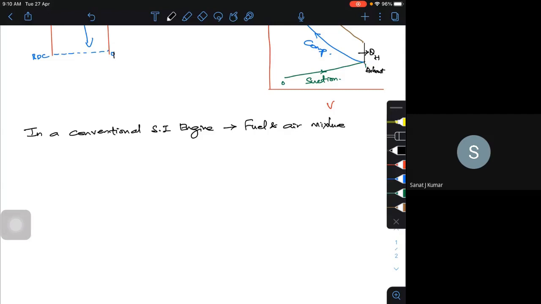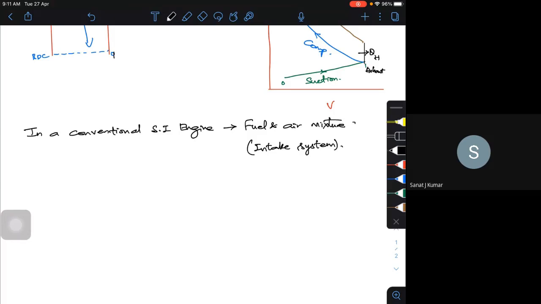The fuel and air mixture is mixed together in maybe a carburetor or some kind of an intake system, whatever it may be, and it is sent to the cylinder. This is compressed, then we'll have the combustion, all those things.